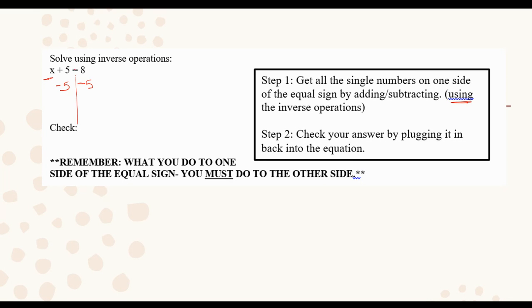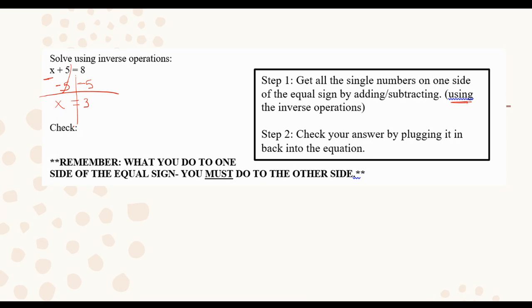Sometimes I draw a line going down at my equal sign to make sure that what I'm doing to one side, I also do to the other. So if you look, 5 minus 5 is just 0. So that all goes away. On the left side of my equal sign, all I have left is an x. Bring down your equal sign, and then 8 minus 5 is 3.